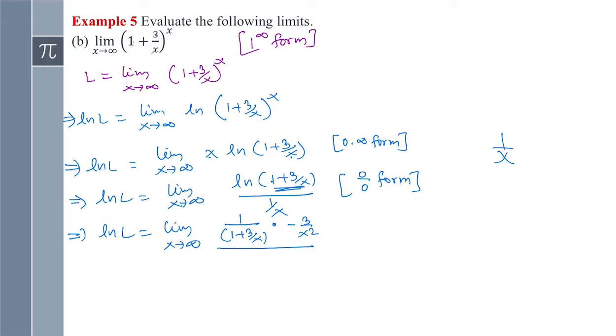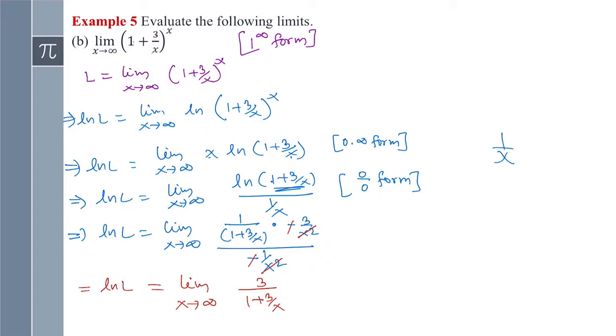Everything is divided by the derivative of 1 over x, which is negative 1 over x squared. If you look carefully, the negative cancels out, and the x squared and x squared cancel out. So this basically becomes natural log of L equals the limit as x approaches infinity of 3 over (1 plus 3 over x).